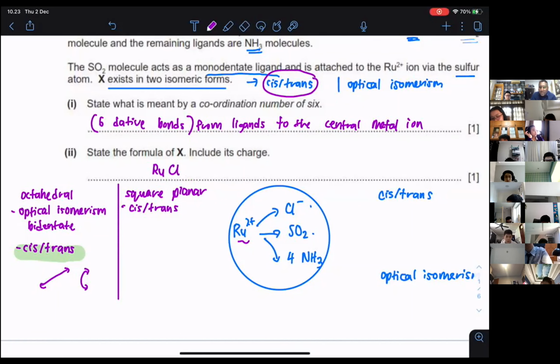SO2, because it involves multiple atoms, which is S and O, you need to put bracket. And then ammonia, it's also multiple atoms, and then 4. Then I need to find out what is the charge over there. This is 2 plus, and then you have negative 1. So 2 plus plus negative 1 is going to be plus.